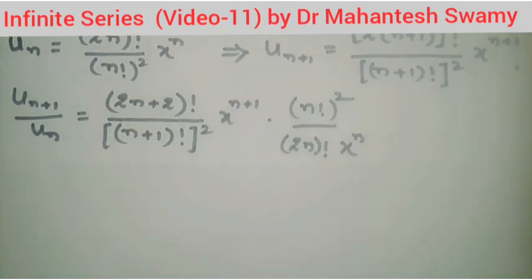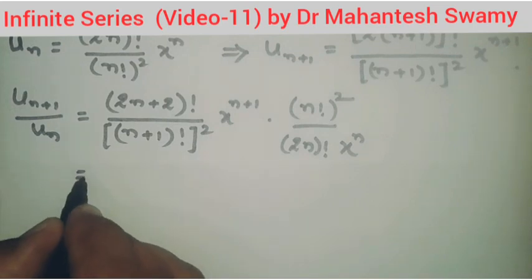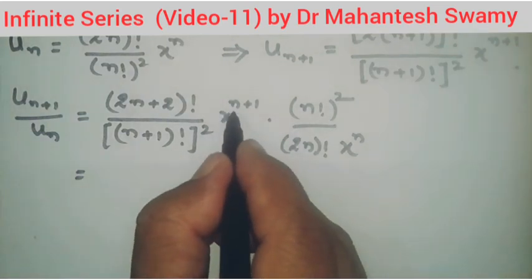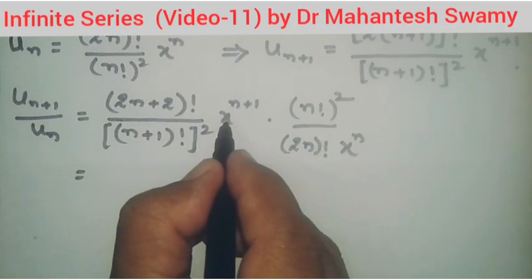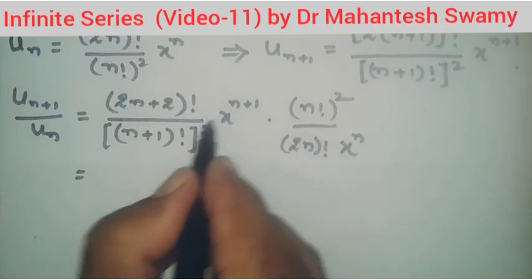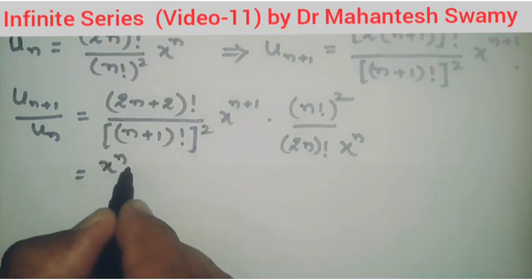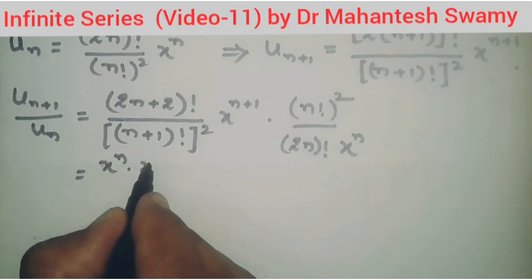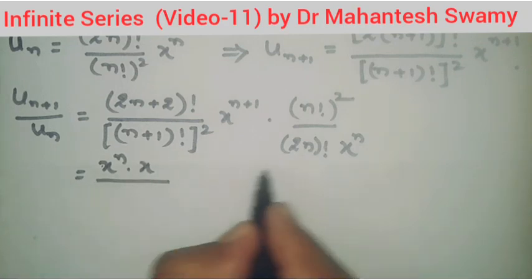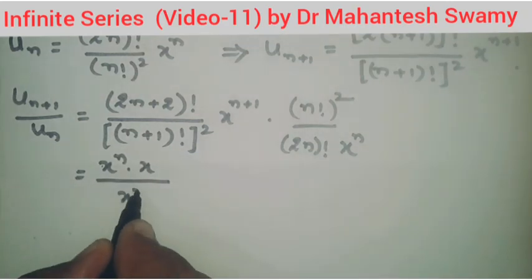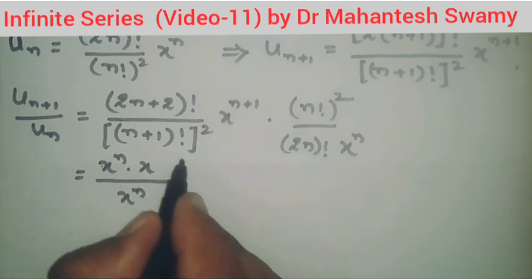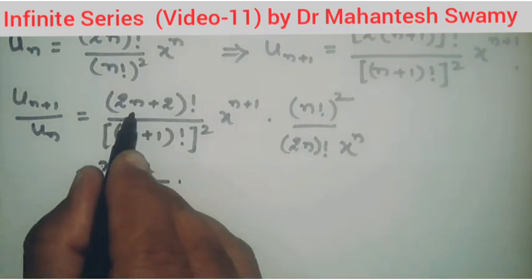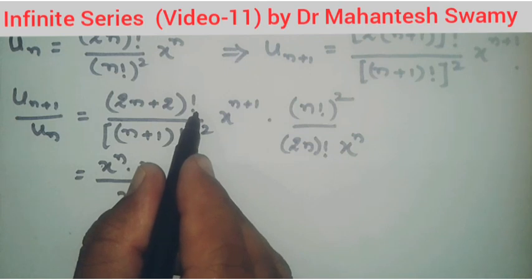Now let us try to simplify the terms by collecting them in groups. So x terms are taken on one side, x to the power n, x to the power 1. So let us write it as x to the power n into x, divided by x to the power n into, now let us write (2n plus 2)!.